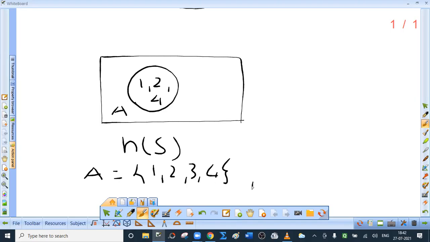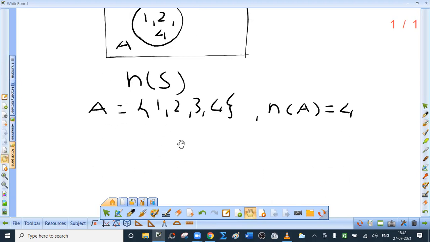Can you tell me what n of A is? n of A is nothing but 4. I hope you have done this in probability. In that case, we use the words sample space. So n of S is the number of sample points in the sample space.